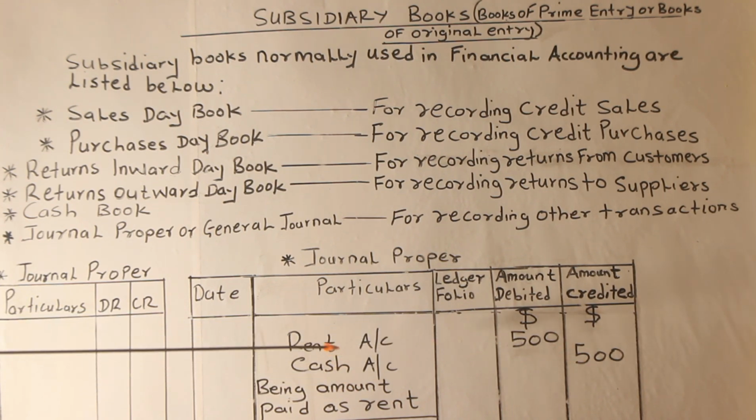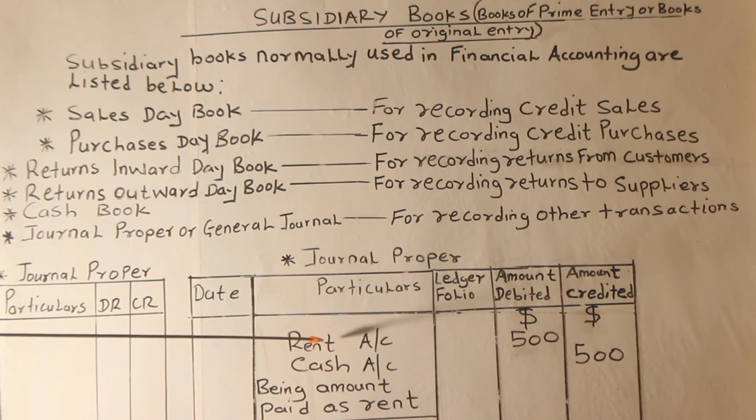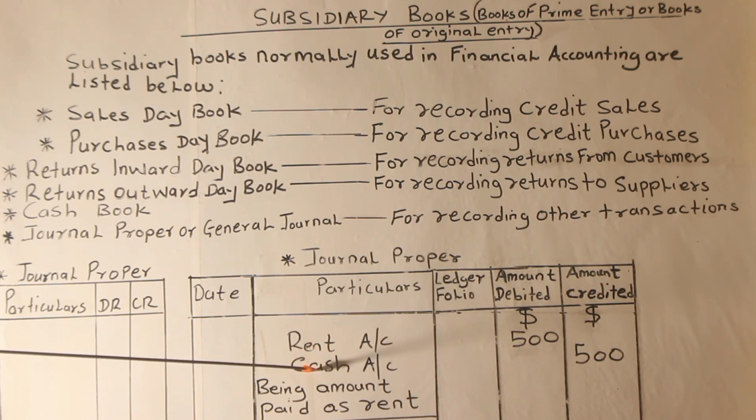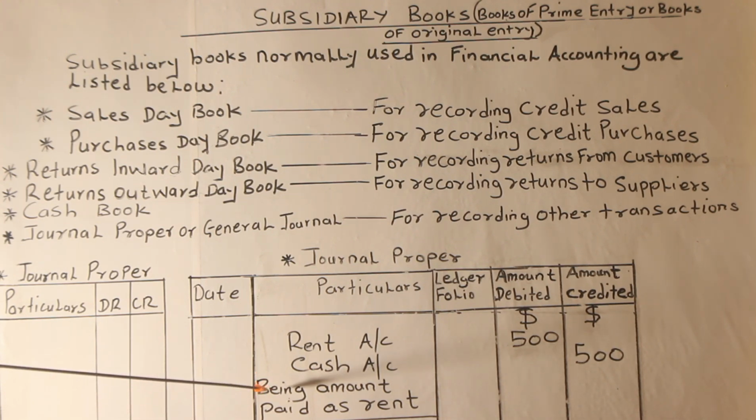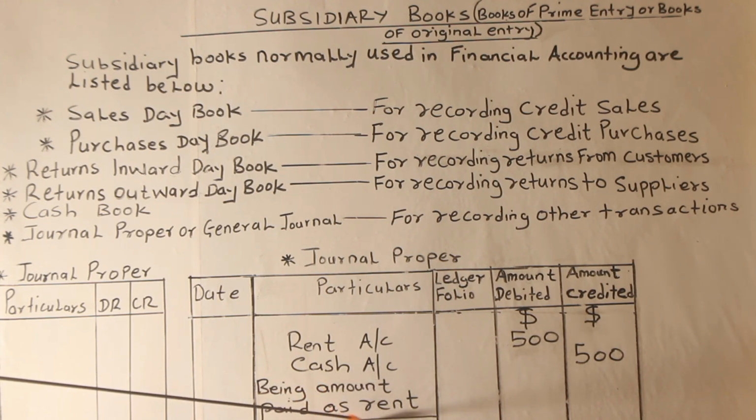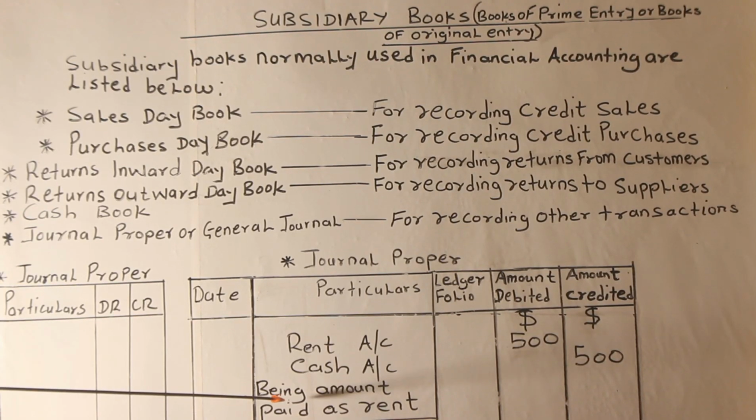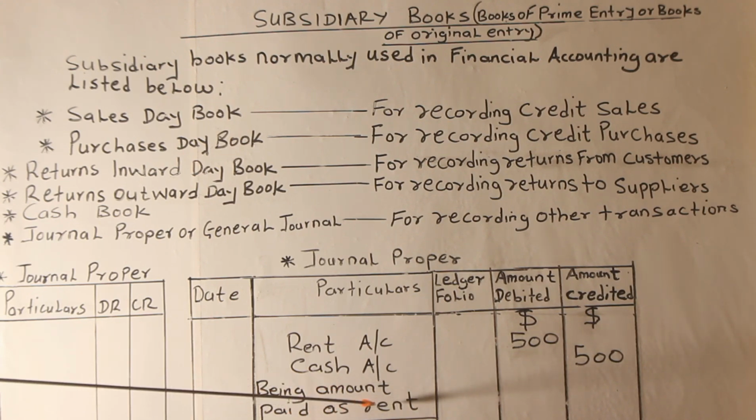Usually in the journal proper, the account to be debited comes first, while the account to be credited comes next. You have to make a narration. You narrate what has actually happened. And what really happened here is that rent was paid. We used the language being amount paid as rent.